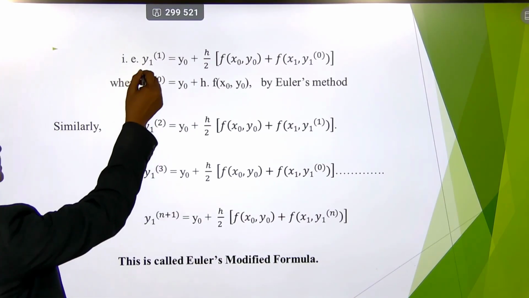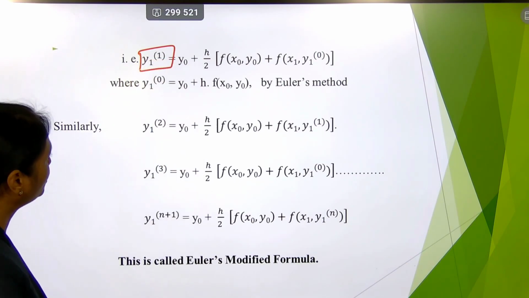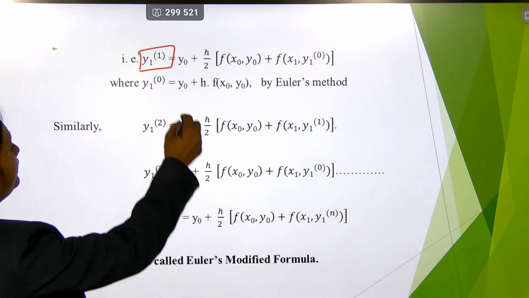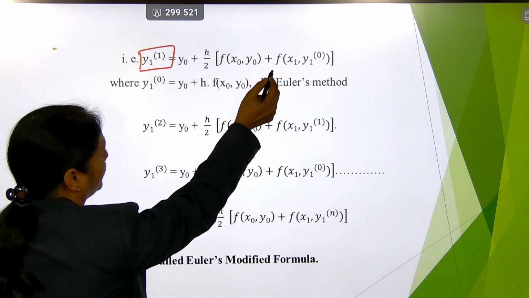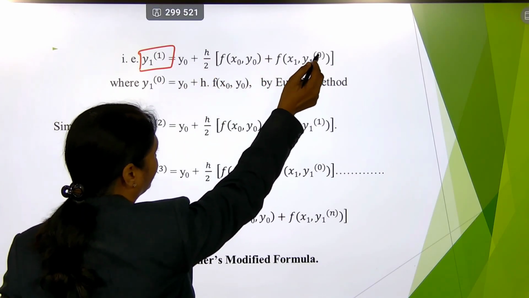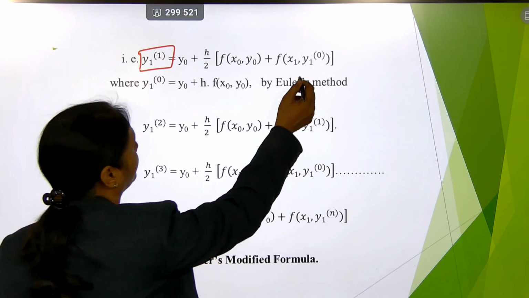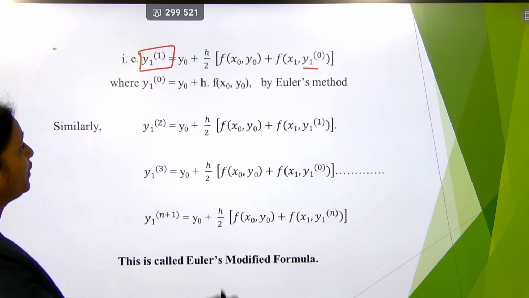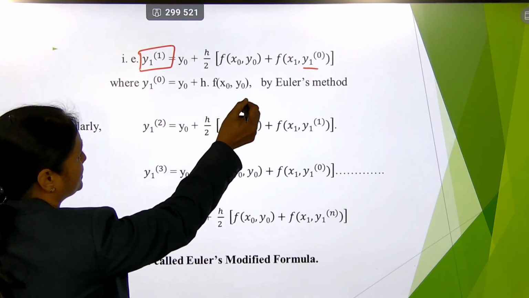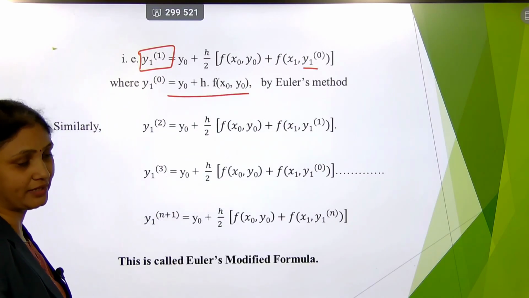Now this is our first iteration, so we write y1 1. In the first iteration we get y0 plus h by 2 into f of x0 y0 plus f of x1 y1 0. That means initially the value of y1 0 is y0 plus h into f of x0 y0, which is obtained by Euler's method.